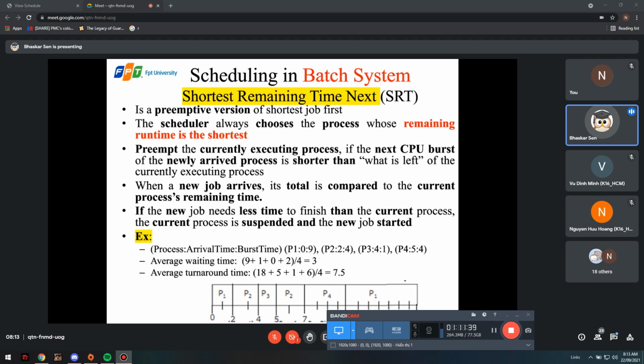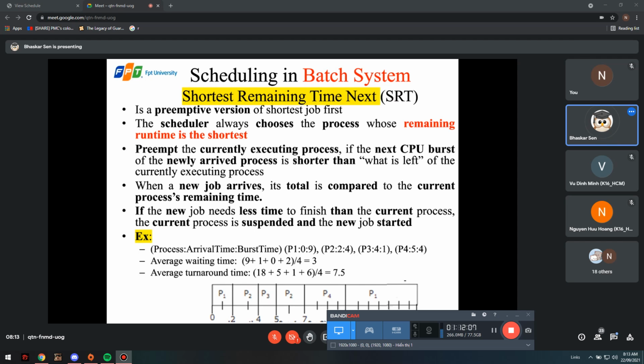So compare how much is left for P1, 7, and how much is left for P2, the new process, just 4 bursts. Which one is shorter? P2. So P1 is off, P2 takes over, right?